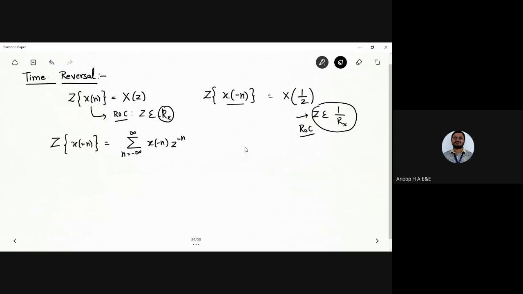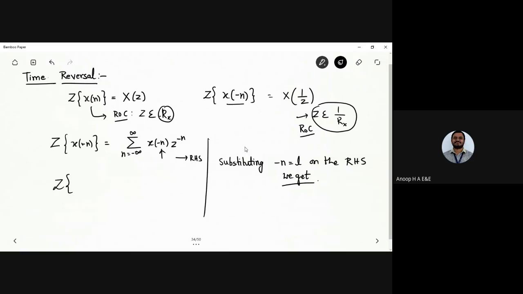Okay, so now this minus n I can substitute as L, substituting minus n equals L on the RHS.